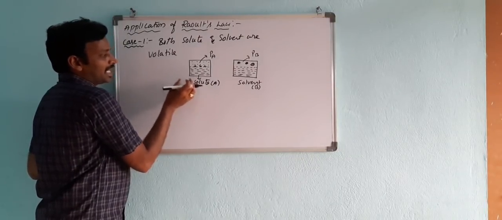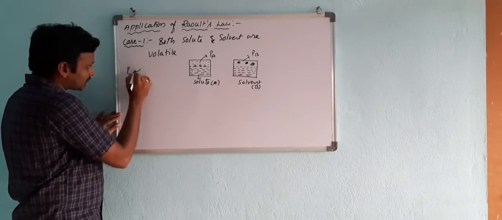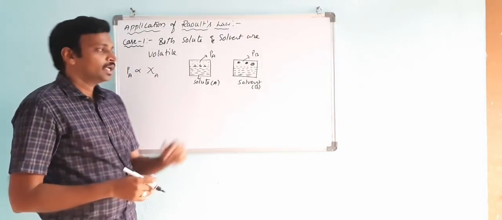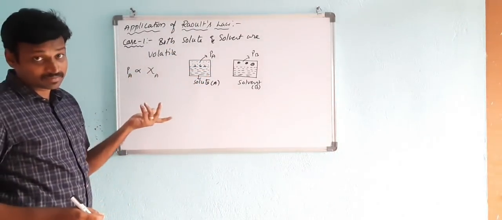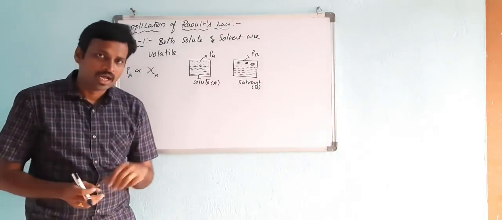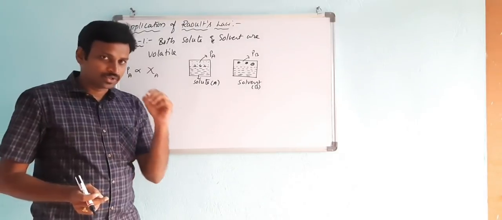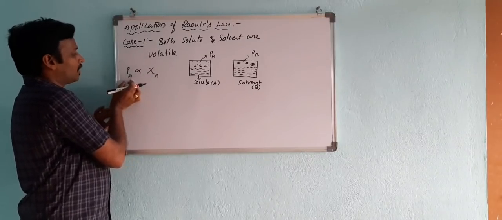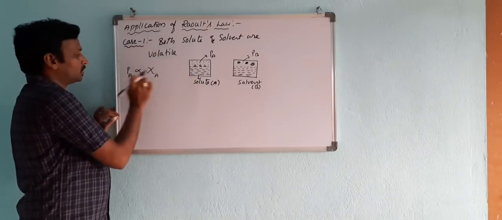This solute has vapor pressure, that is PA. PA is directly proportional to the mole fraction of A, the mole fraction of solute. If the solute is volatile, PA will be high. If it is non-volatile, it will decrease, that is the lowering of vapor pressure and relative lowering of vapor pressure. Don't get confused, just focus on this and listen carefully. If the solute mole fraction is more, the partial pressure or vapor pressure of that solute will be more.